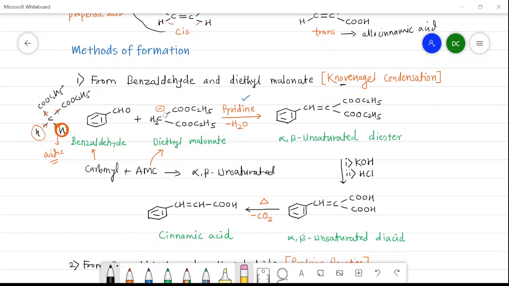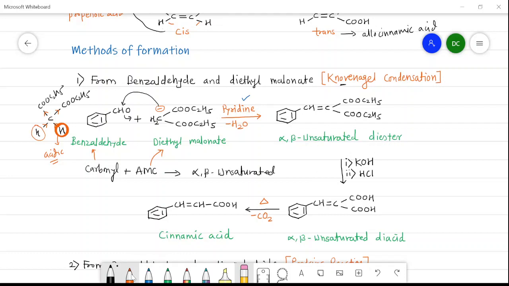So it will cause the formation of a carbanion, and this carbanion will attack the carbonyl carbon of the benzaldehyde and give an alpha beta unsaturated diester.